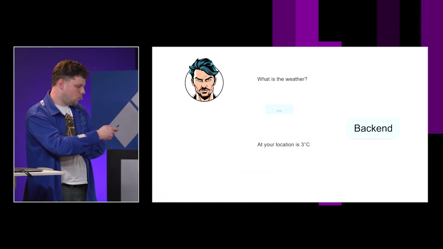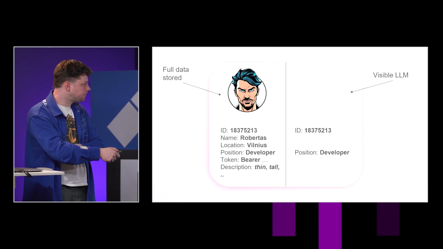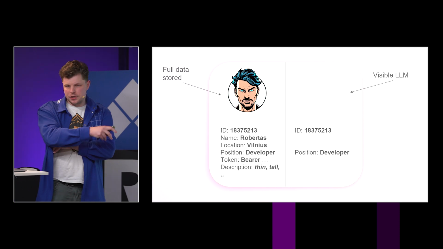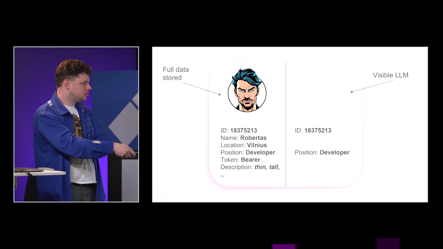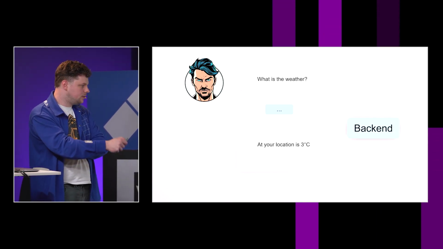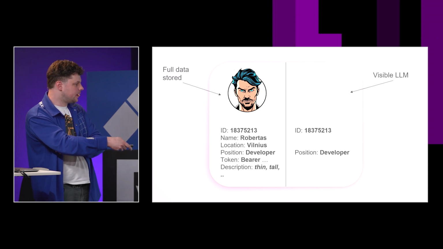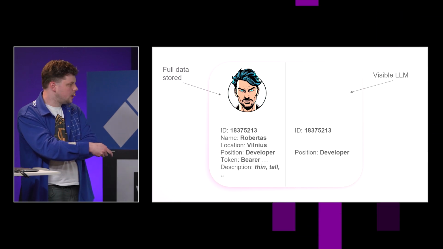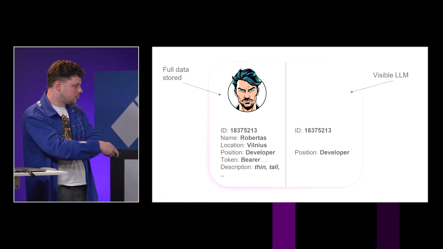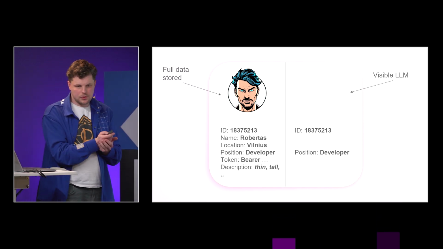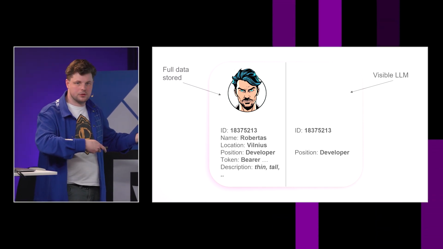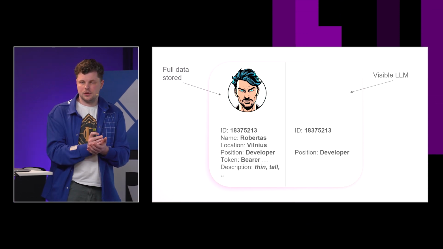As you can see, we can exchange only part of data, like user ID and position. And the whole information is stored and not revealed.